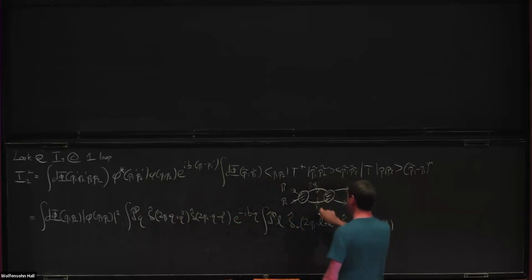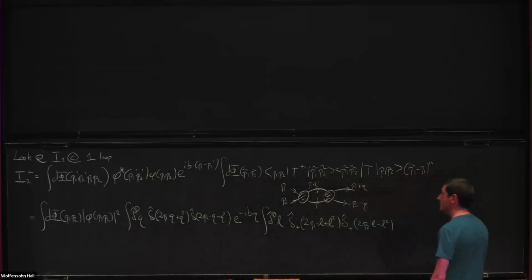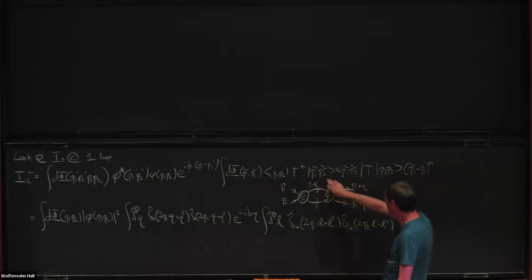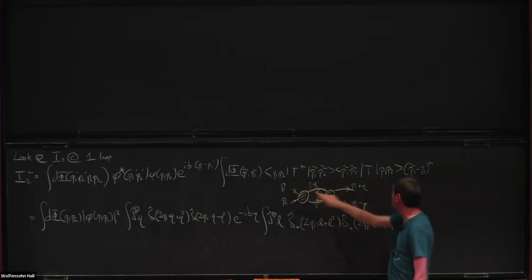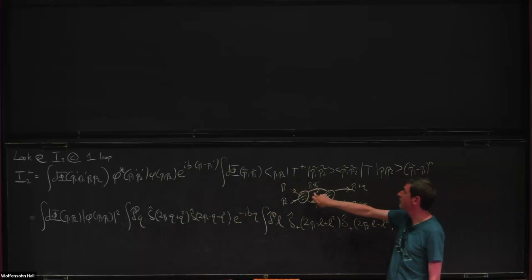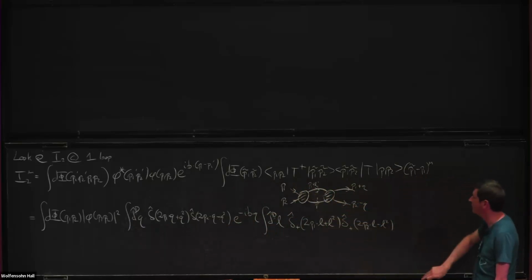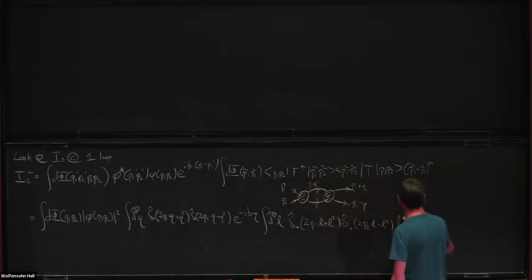So those are essentially those 2 propagators. Okay, now this thing here just becomes the loop momentum, right? So this P tilde, I've written it as P1 plus L. So the difference P tilde 1 minus P1 just leaves the loop momentum, L mu.